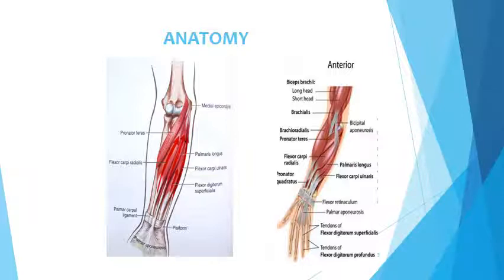Deep to the FDS runs the FDP. The FDP runs all the way and inserts into the distal phalanx, where it flexes the distal phalanx of the fingers. Don't forget that you also have your flexor pollicis longus muscle that runs to the thumb and flexes the thumb.